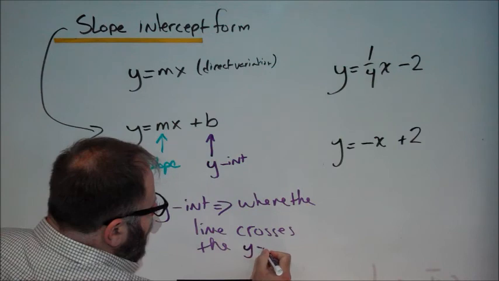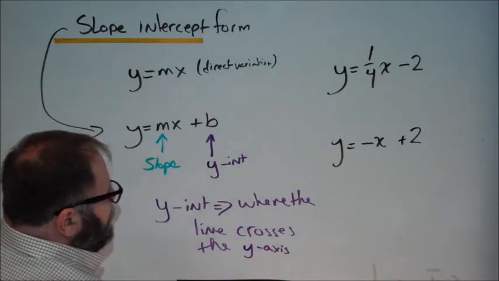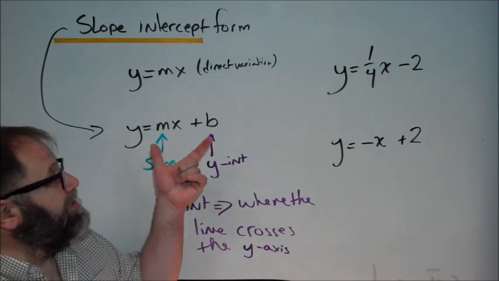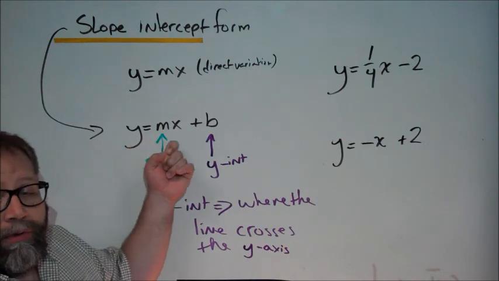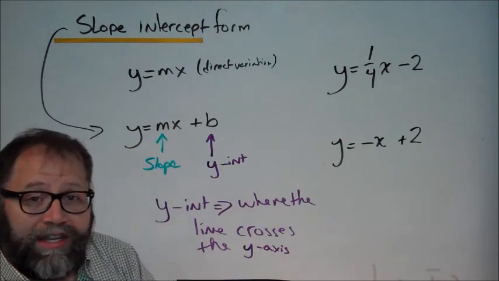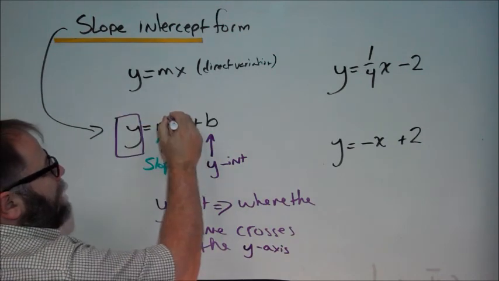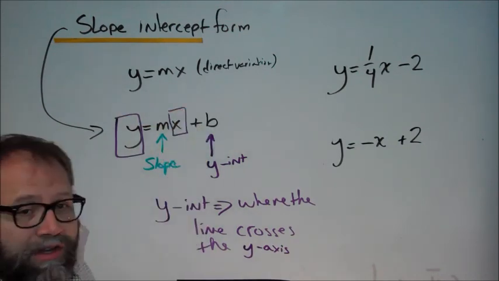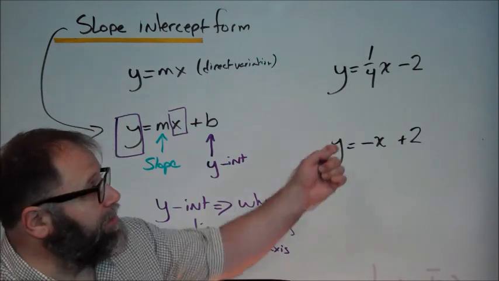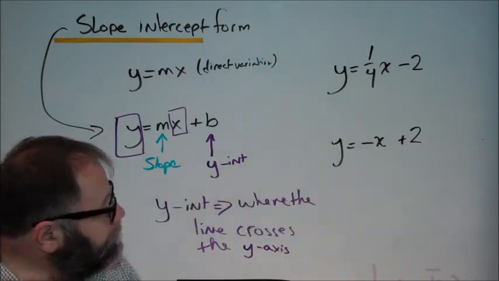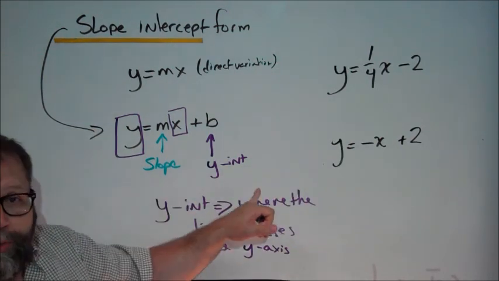It's where it crosses the y-axis. When we get an equation in this form, y equals mx plus b, the y will still be y and the x will still be x, but the m and the b will have values. We'll be able to tell what the slope is and the y-intercept.